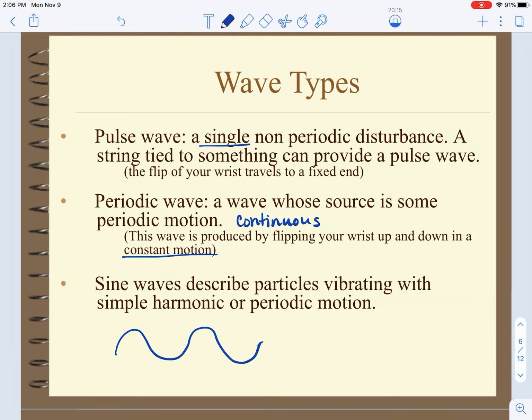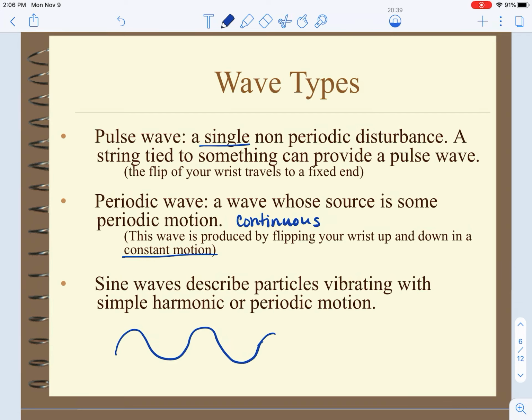A sine wave, so a sine function in math class, is a wave that looks something like this. And very quickly, this is not a math lesson, but let me just very briefly review this with you. A sine function is going to create a pattern on a graph so that we have these alternating highs and lows.